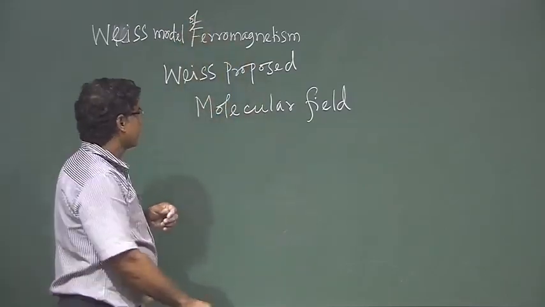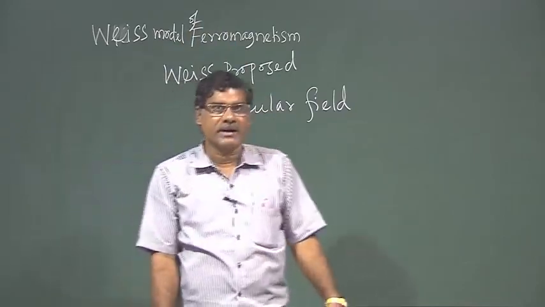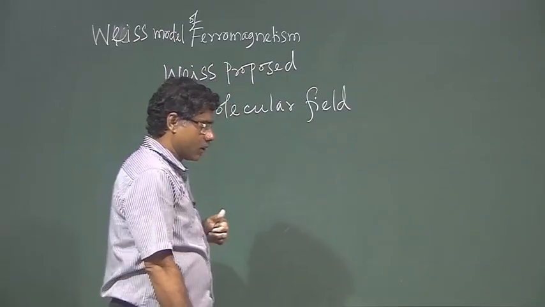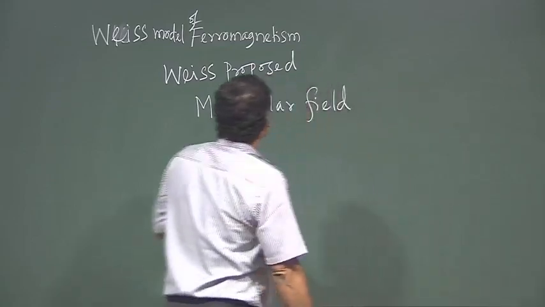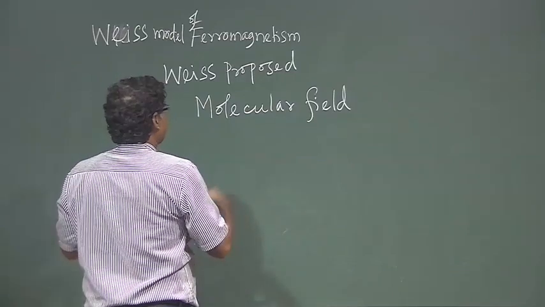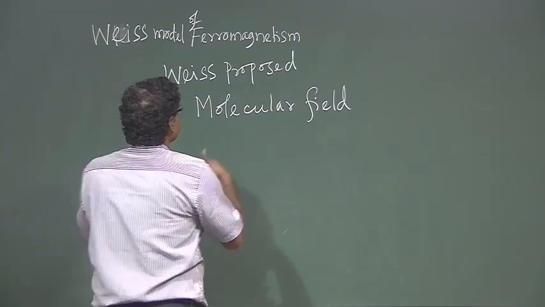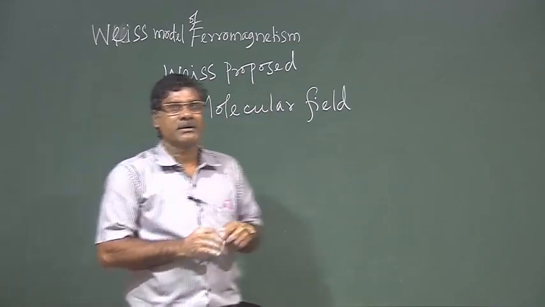Weiss proposed or assumed that there is an internal field, called the molecular field, okay. And because of this field, without an external magnetic field, the permanent dipole moments are oriented.